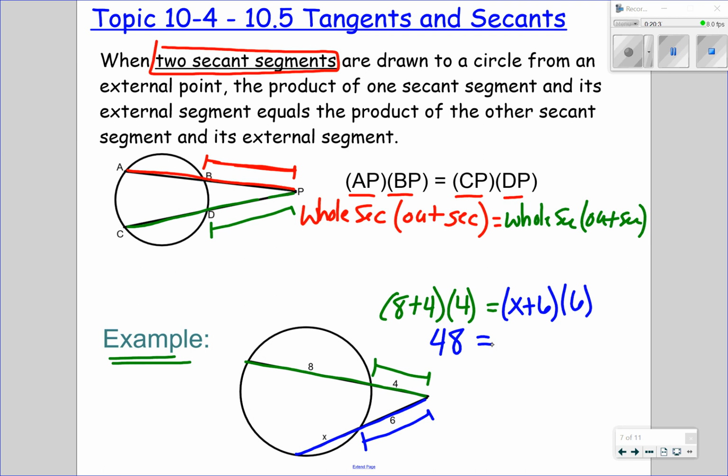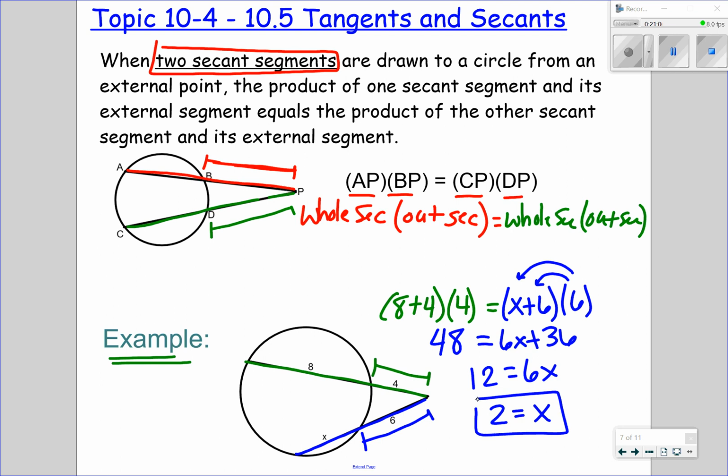And then over here, you can either distribute or you can leave it as x plus 6 times 6. For this example, I'm going to go ahead and distribute. I'll show you how to leave it later. So this would be 6x plus 36. If we subtract our 36 over, we get 12 equals 6x, and then divide by 6, and you get x equals 2. So that would be a quick way to find this value here.